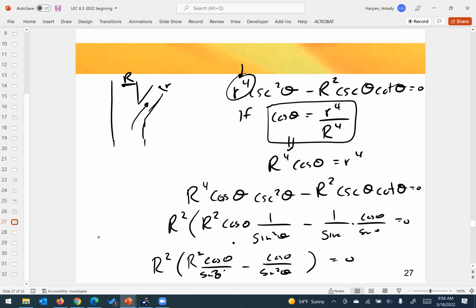Thought it helped. Just divide by R squared.